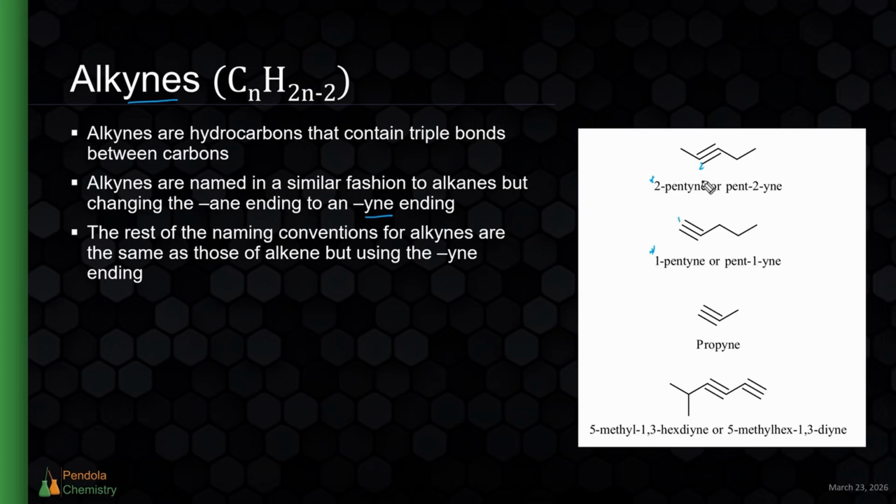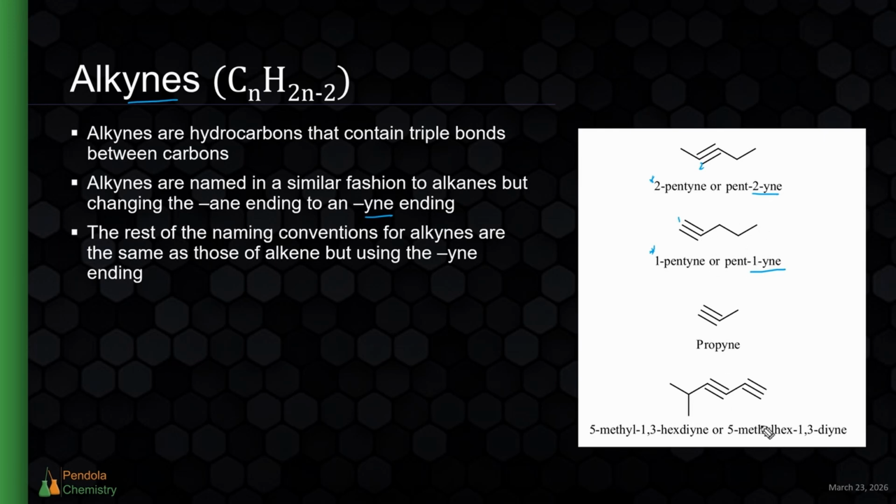So here starting at carbon 1, here starting at carbon 2. So it's 2-pentyne, it's 1-pentyne. Or again, that can go in front of the ending. So it could be pent-2-yne and pent-1-yne. Both of them are fine names because they have the same connotation. You will end up with the same molecule.